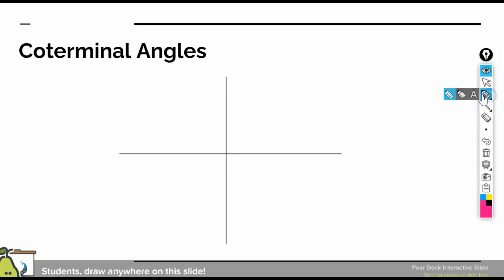We talked about one of the ways that we can have trig functions: we're not just dealing with a triangle anymore when we talk about trig. A triangle was limited to 180 degrees or pi radians, but for functions, we want that to be able to continue on.